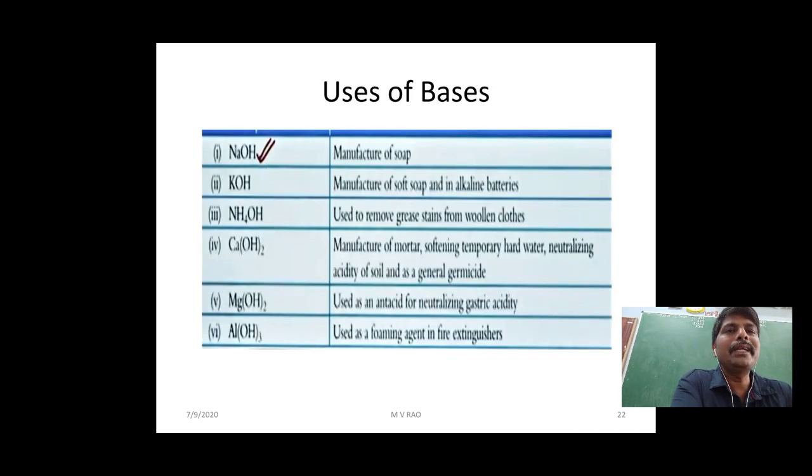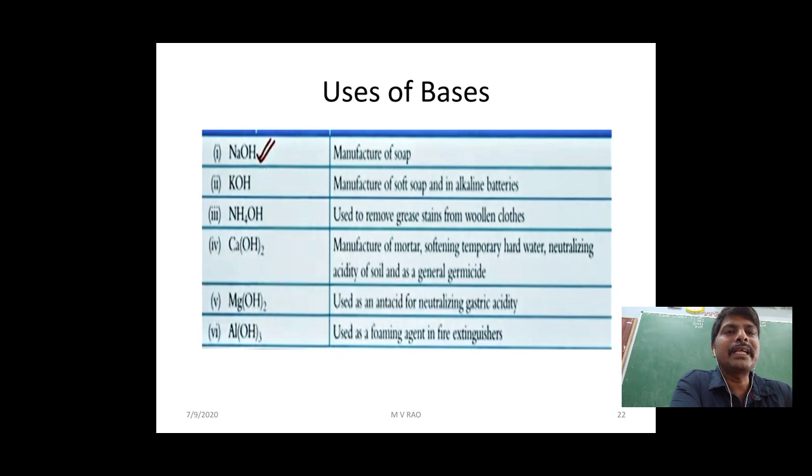Some commonly used bases have some common uses. Sodium hydroxide has a major use in the manufacture of soap. Potassium hydroxide is used in the manufacture of soft soap and in alkaline batteries. Earlier one was the acid battery, the lead battery; this is the alkaline battery. Ammonium hydroxide is used to remove grease stains from woolen cloth.